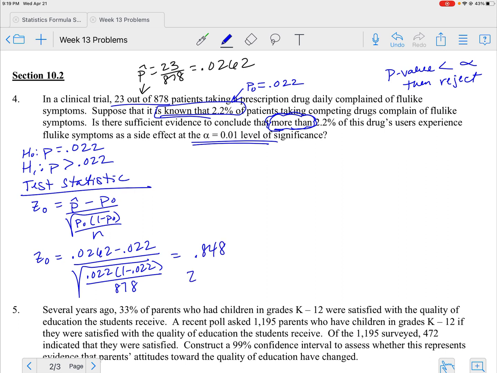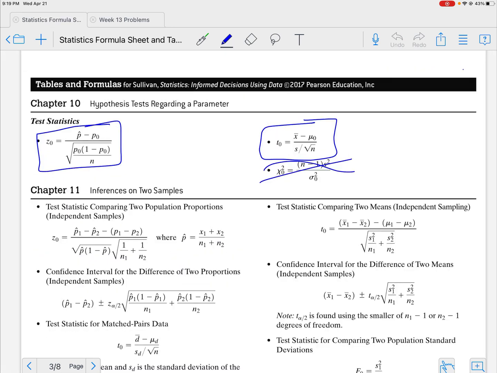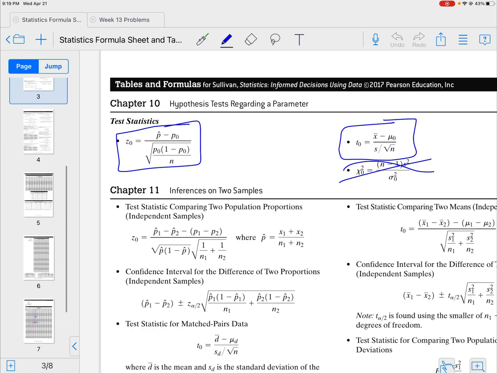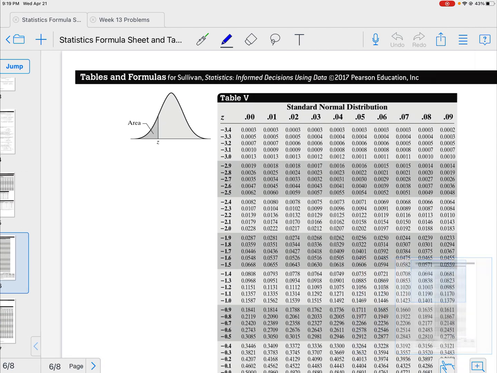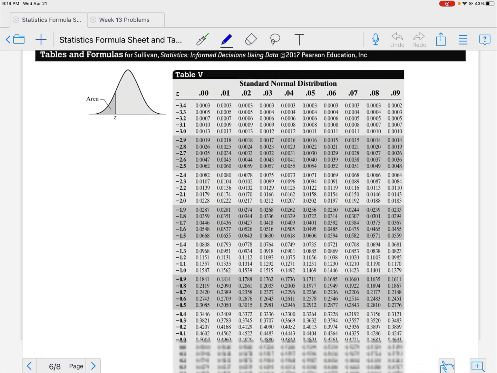Now, this is your z-score. You're going to the chart. On the chart, it's only to 2 decimal places. So I am looking at 0.85 on that chart. So let me come over here and look up 0.85.